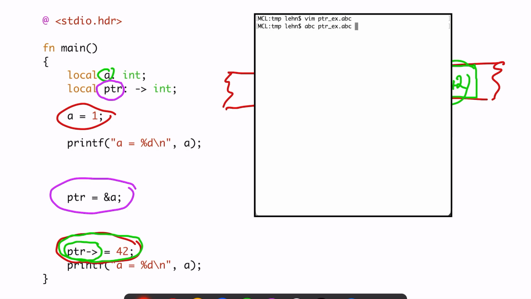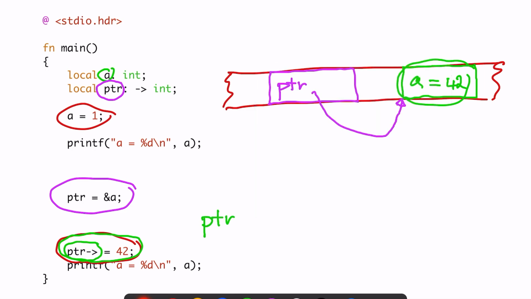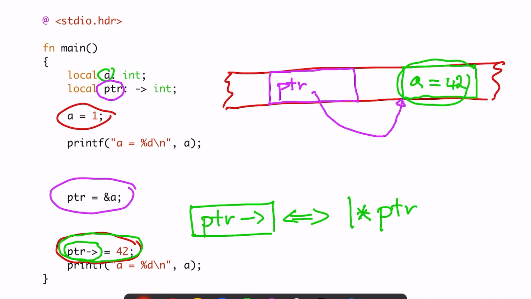And this is completely equivalent to what you saw before. That means ptr followed by a pointer, this expression is equivalent to asterisk ptr. It's just maybe more intuitive for beginners.